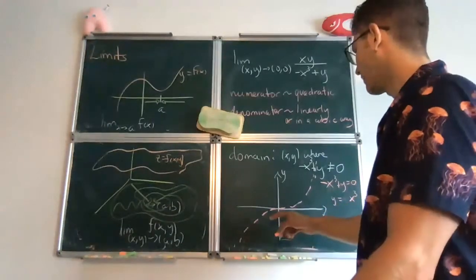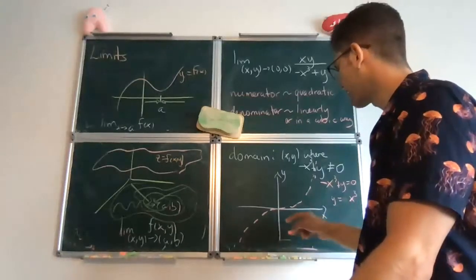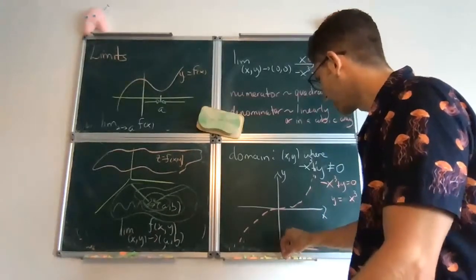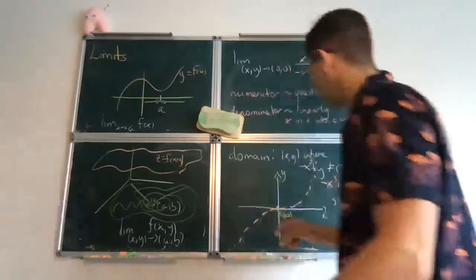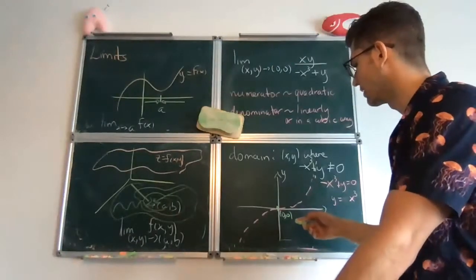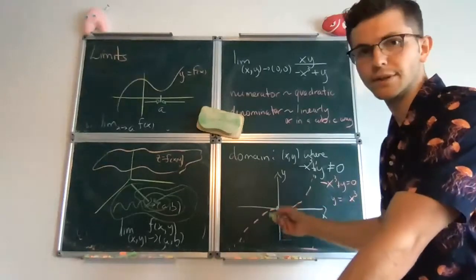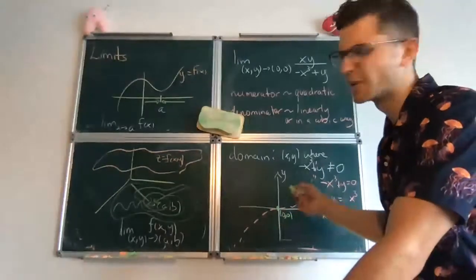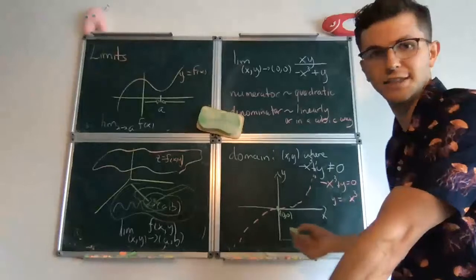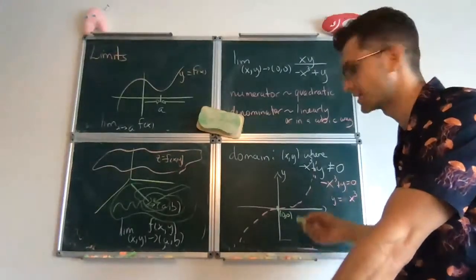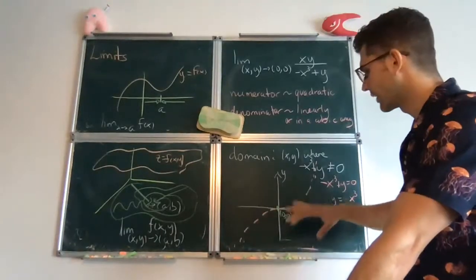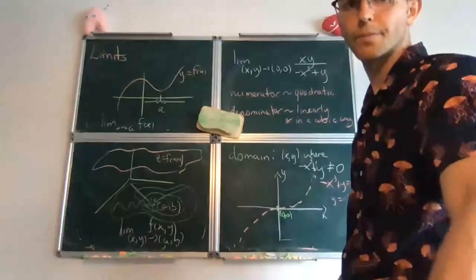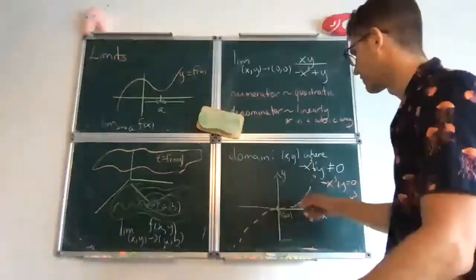In order to study the limit at the origin, you can choose any curve as long as it's different from this forbidden curve, because on the forbidden curve the function is not defined. For the others, you can just see what happens.